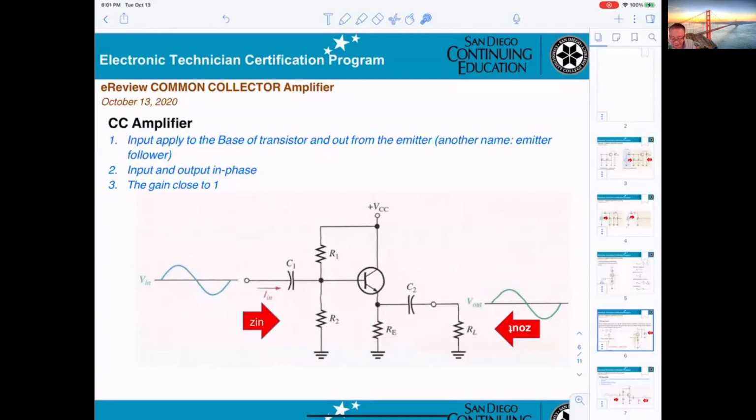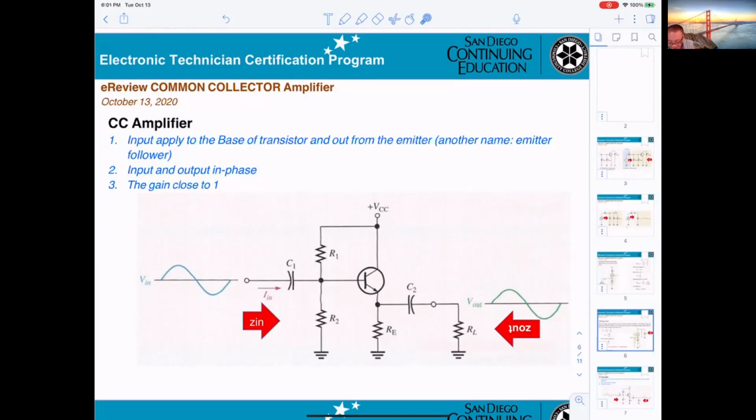That's why it gets another name, emitter follower. What does emitter follower mean? It only tells you the output follows the emitter, so the emitter signal and output signal will be the same.